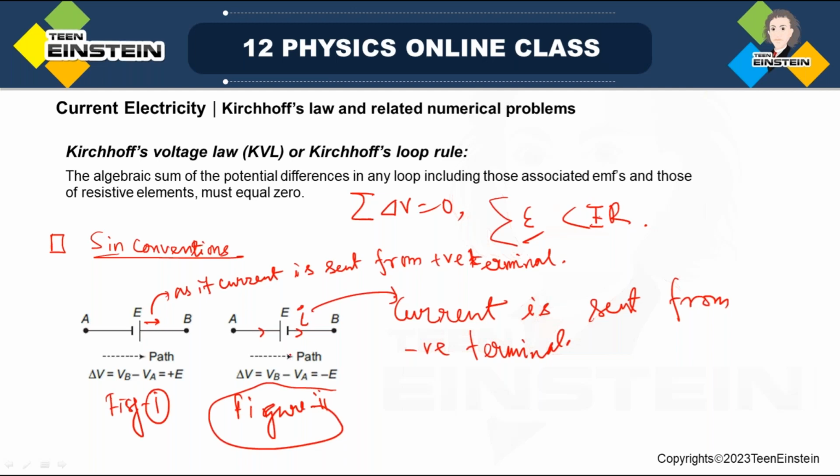Okay, so in this case, VB minus VA, this potential difference or potential drop or EMF of the battery has to be taken as minus. Okay, we'll discuss when we go for an example. That time it will be very clear. Okay, we'll go to the next example.